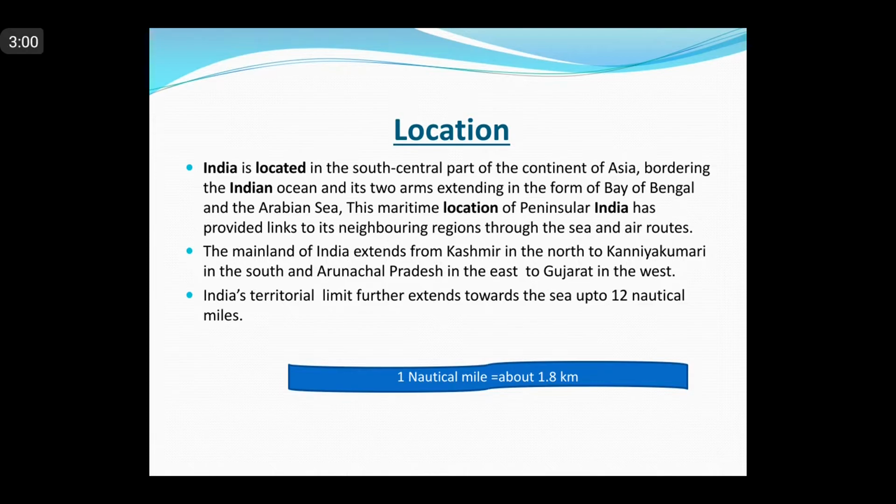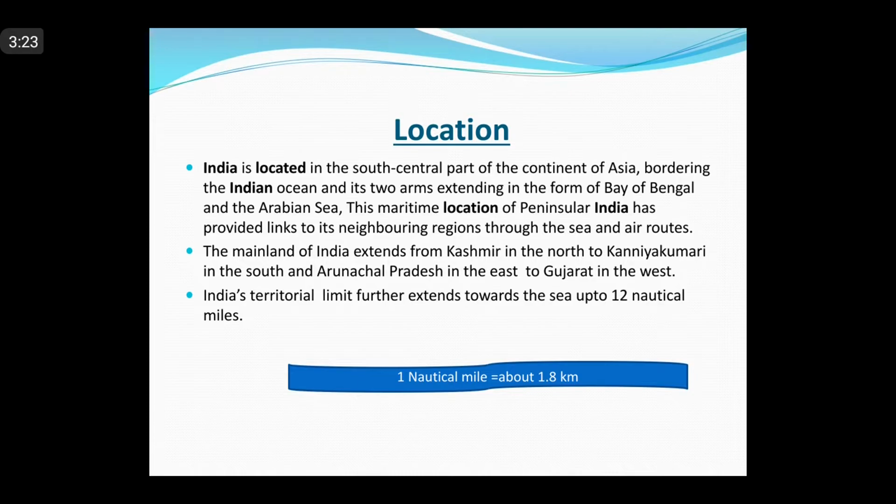India's territorial limit further extends towards the sea up to 12 nautical miles, and 1 nautical mile is equal to 72,960 inches.